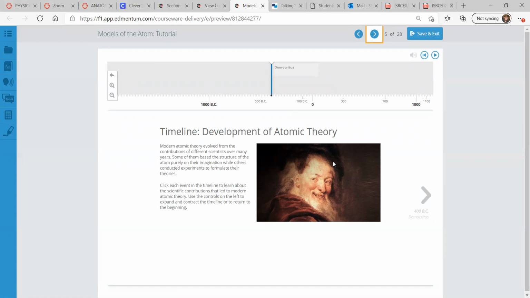Theories are built on previous knowledge and work, and some of them base the structure of the atom purely on their imagination, and others conducted experiments to formulate their theories. So here we can click on each event in the timeline and learn a bit about the contributions these scientists made and what led to the modern atomic theory. So here we go.